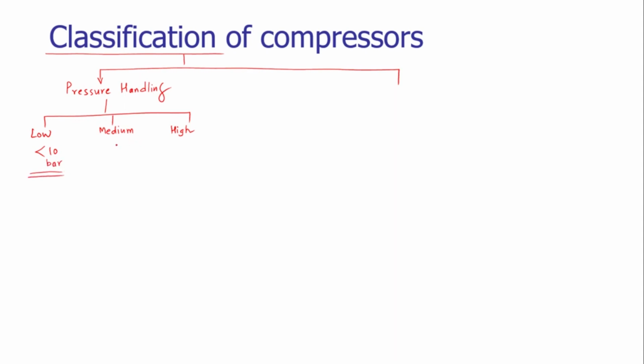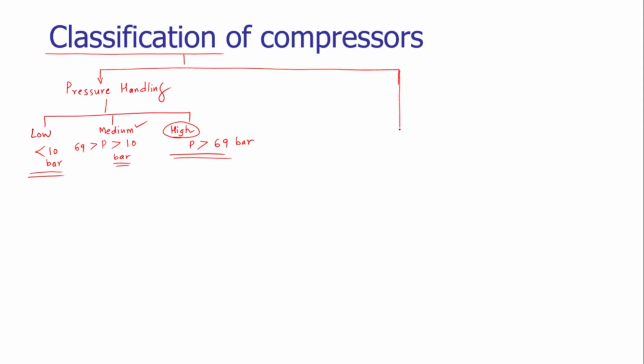When the pressure is more than 10 bar but less than 69 bar, that is called the medium type of compressor. And when the pressure generated is more than 69 bar, then we call them high pressure compressors.